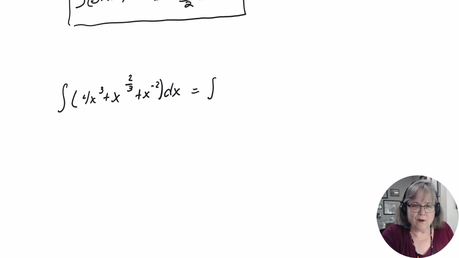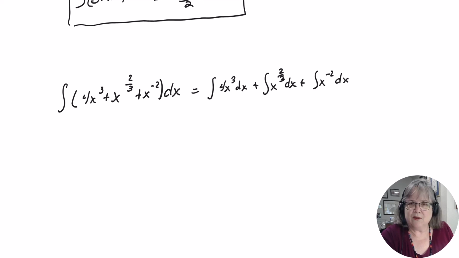But what you're actually doing is going 4x cubed dx, x to the 2/3 dx, and x to the minus 2 dx. You're going to integrate each piece. Notice that this is an x raised to a power dx. You know, in effect, this x right here, the derivative of x is dx. Okay, it's actually 1 dx.